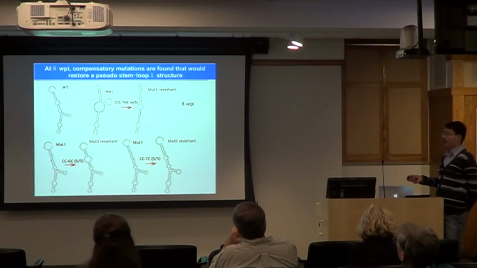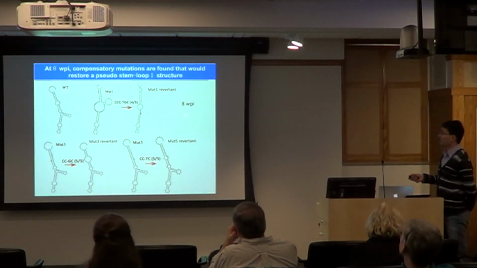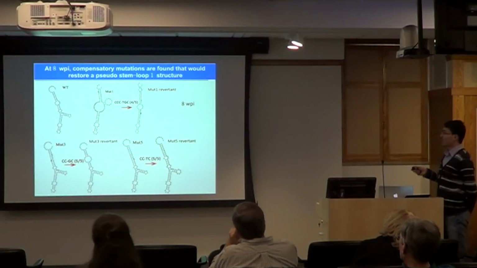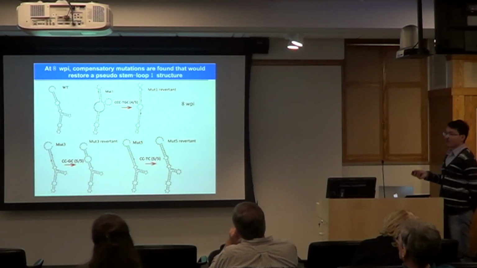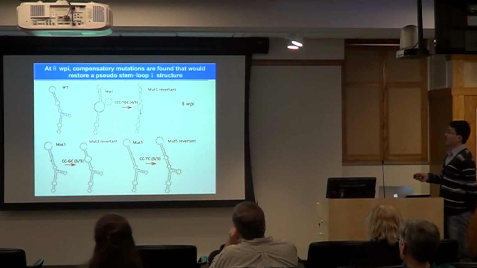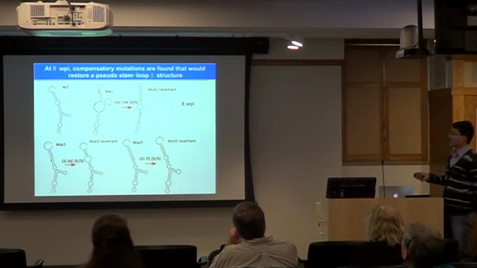However, when we detected the sequence from 8 weeks post-inoculation infected plants, we found they all have additional mutations. And we found that a compensatory mutation that would restore a pseudo W1 structure was present.